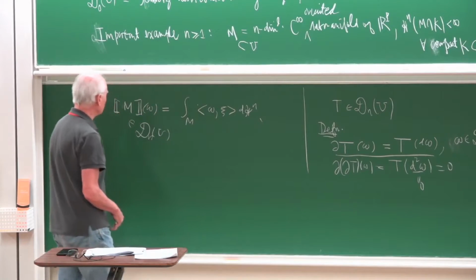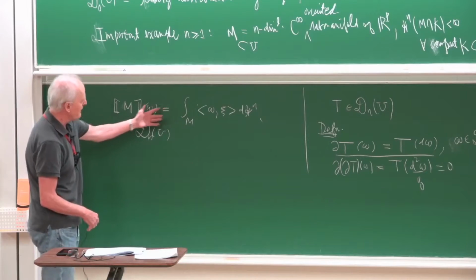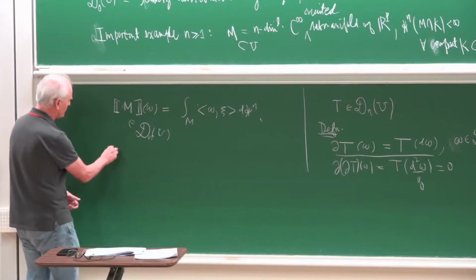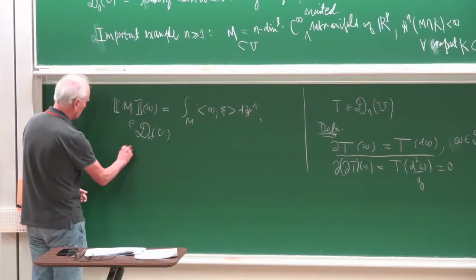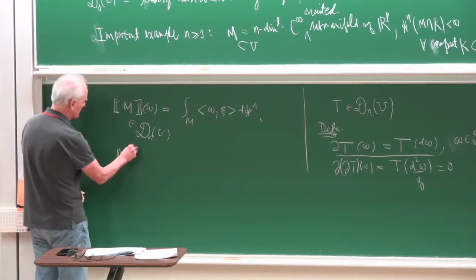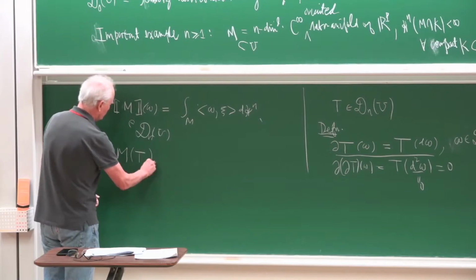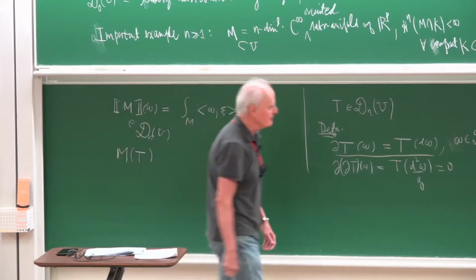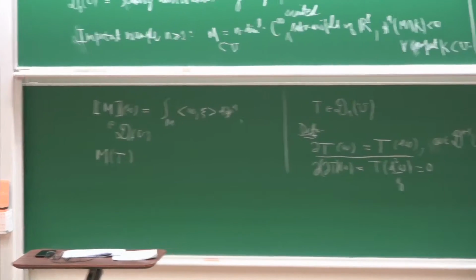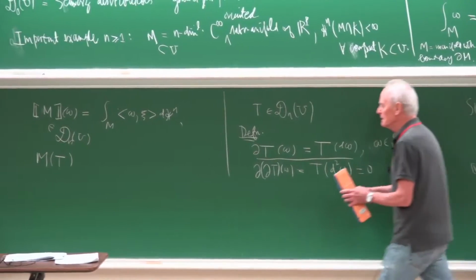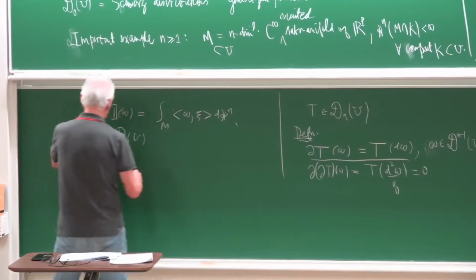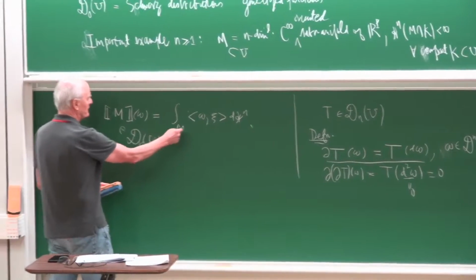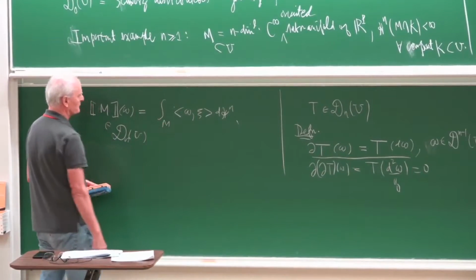Also, again motivated by this example, you can define the notion of mass of T. Well, that would be just the total volume, or total area. In this case, the mass should work out to be the n-dimensional Hausdorff measure of this set.